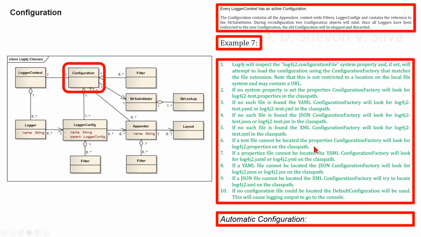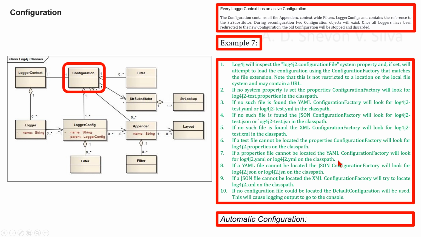Step 6. If a test file cannot be located, the properties configuration factory will look for log4j2.properties on the class path. Step 7.